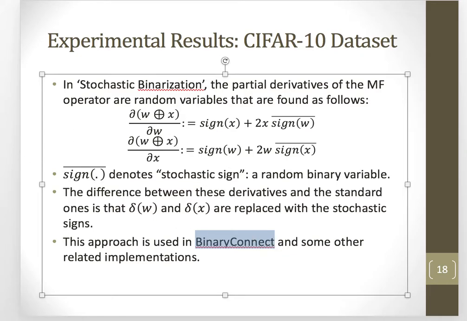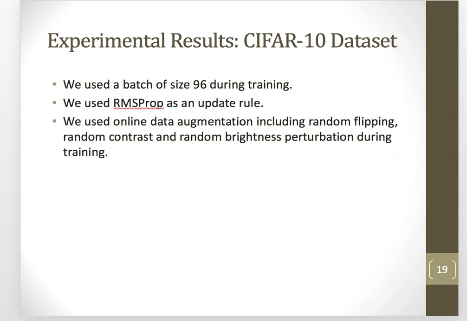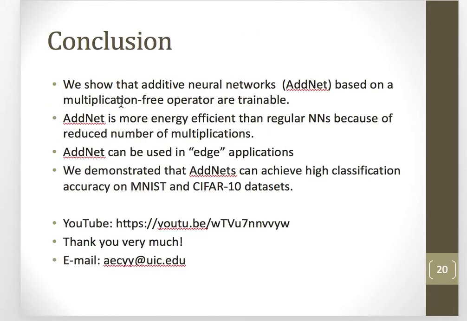It gives us better convergence, and we thank one of the reviewers for suggesting stochastic binarization. The recognition rates reported in the paper are lower than this. With stochastic binarization, we get better recognition results. And these are the other parameters that we have during the training of CIFAR10.